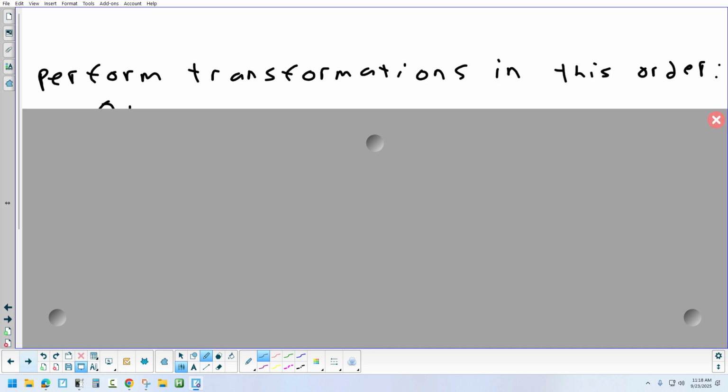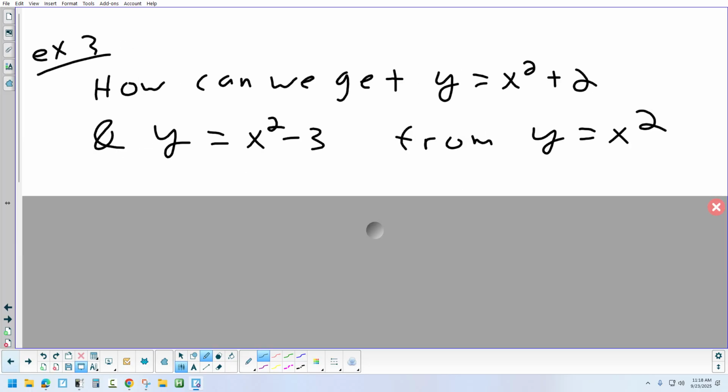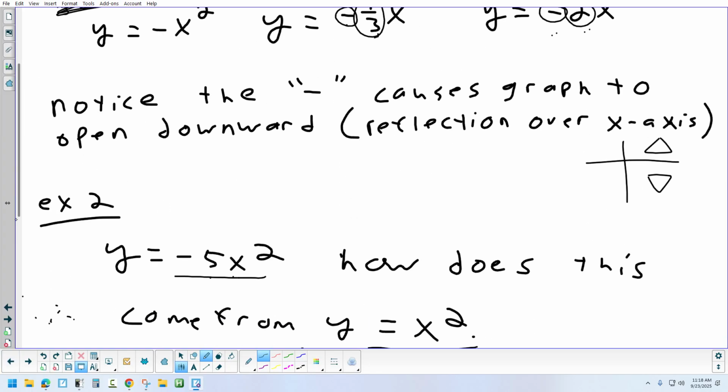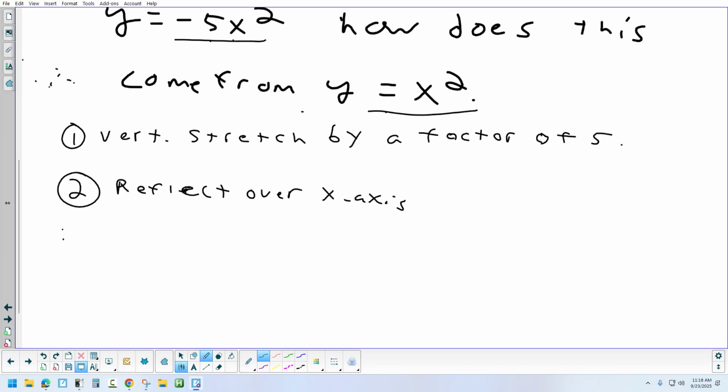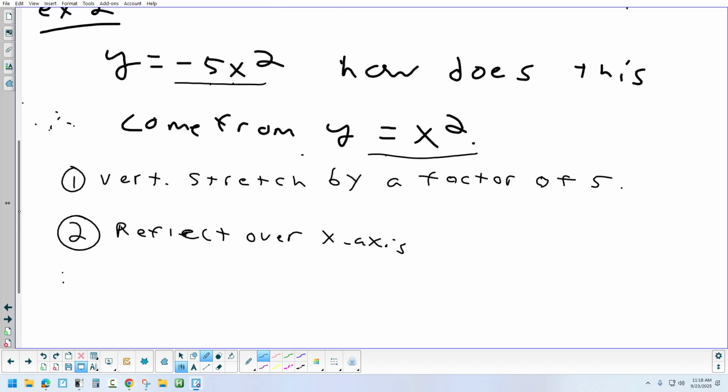It's kind of like PEMDAS. It's just the order you have to list them in. But what we did on that question is correct: vertical stretch and reflect over the x-axis. Any questions on how we got those two transformations?